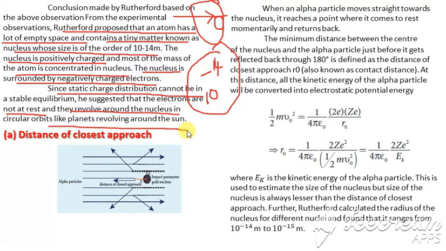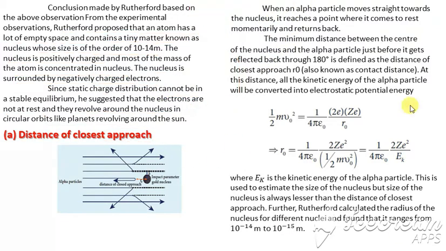Next, we are going to see the distance of closest approach based on the Rutherford model. When an alpha particle moves straight towards the nucleus, it reaches a point where it comes to rest and returns back.